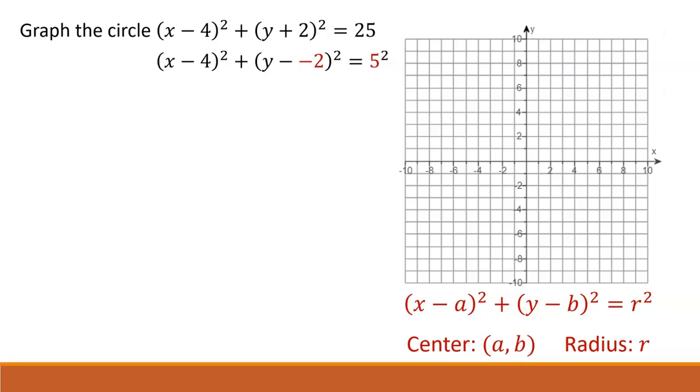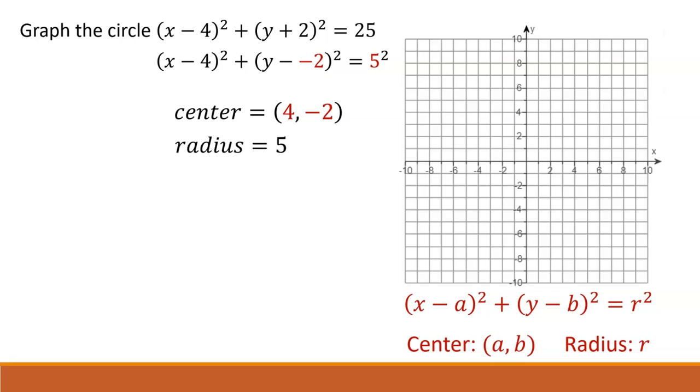We need to think of the y + 2 as y - (-2), so that it looks like y - b, and we need to think of the 25 as 5 squared. So now we can pull out the information we need. The center of the circle is at (4, -2), and the radius of the circle is 5.